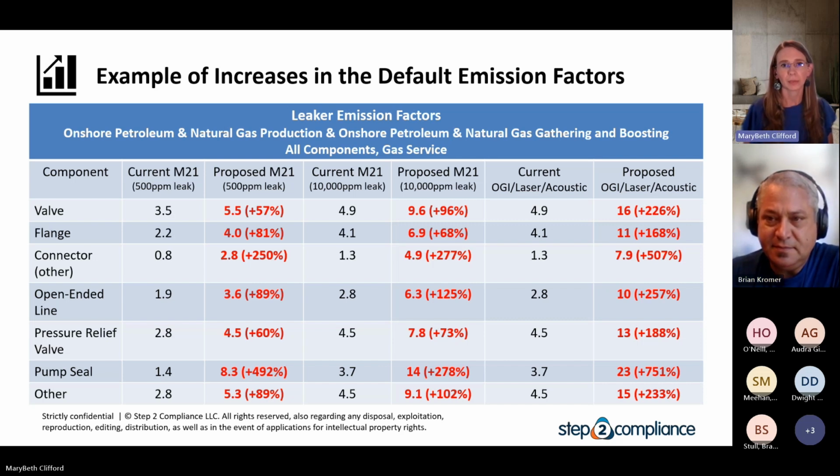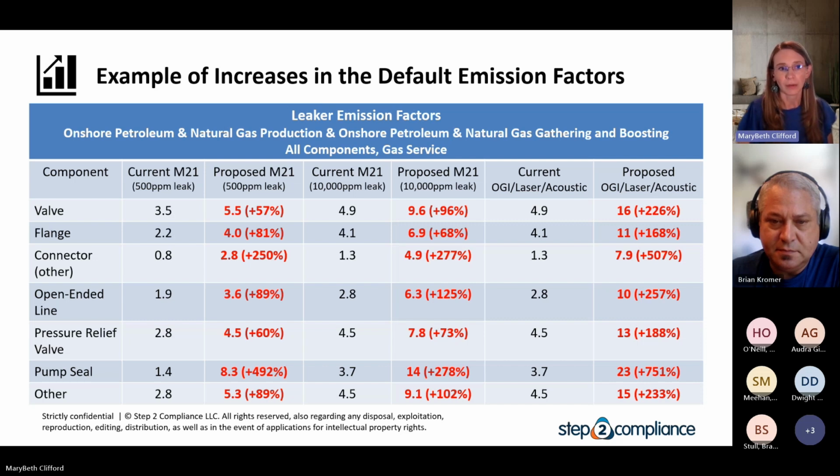And to get into some additional increases, this is more specifically the leaker emission factors. This goes through the changes for if you're doing inspections with Method 21 at a 500 ppm leak or a 10,000 ppm leak rate, or using OGI. And as you can see with OGI, the proposed increase in factors ranges from 168% all the way up to 751%.